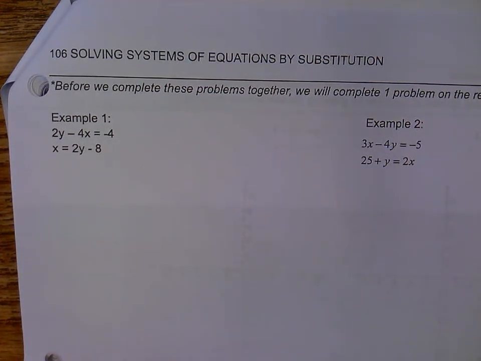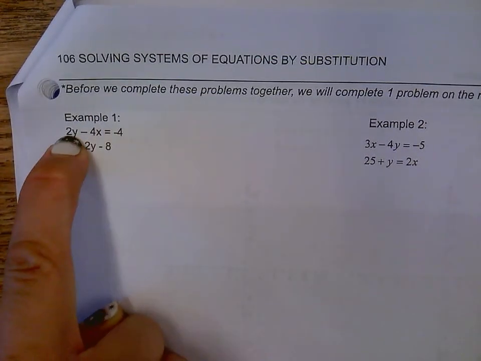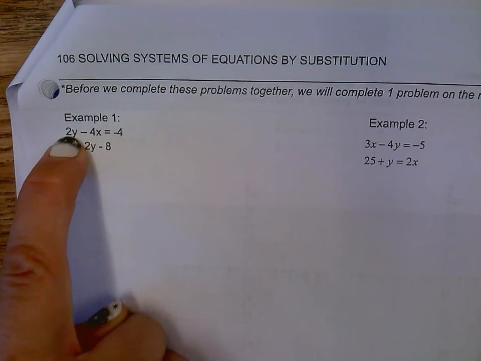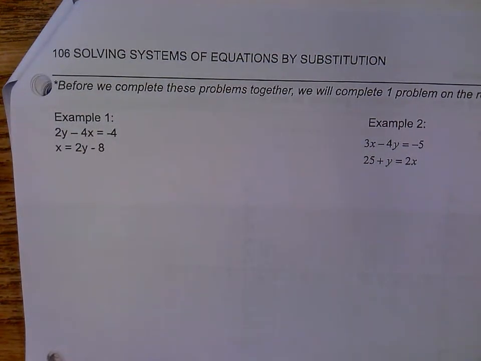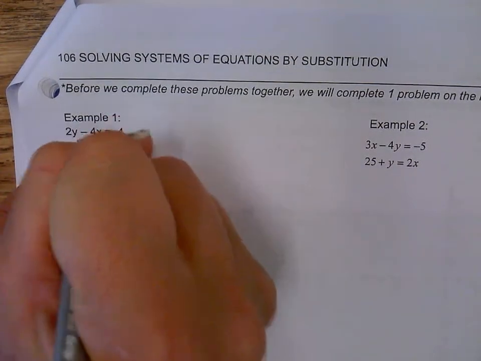This one is a little bit different because what variable is isolated this time? Does your brain kind of see that there's an x by itself right here? This y is going to be tricky to get by itself, and so is this x. But in the second equation, do you see how x is already by itself right here? So you're just going to do a different variable this time.